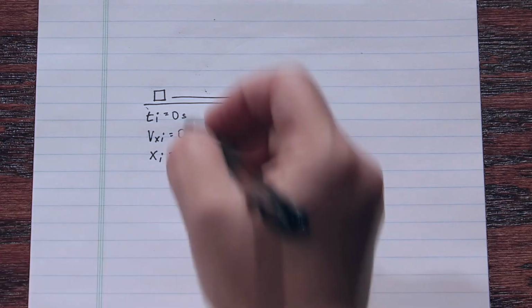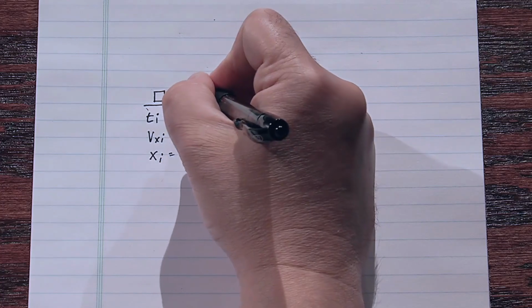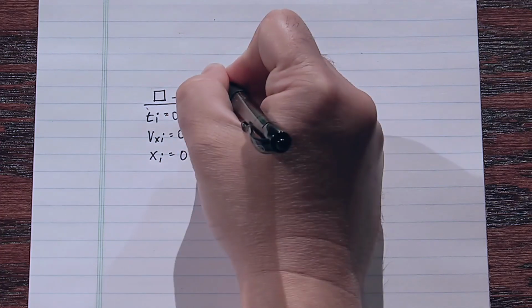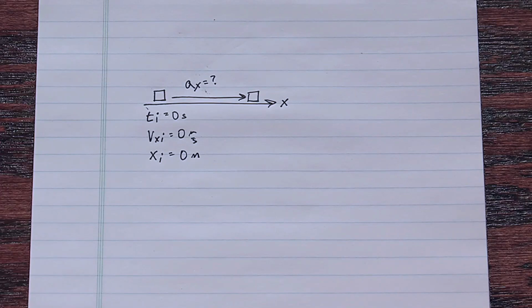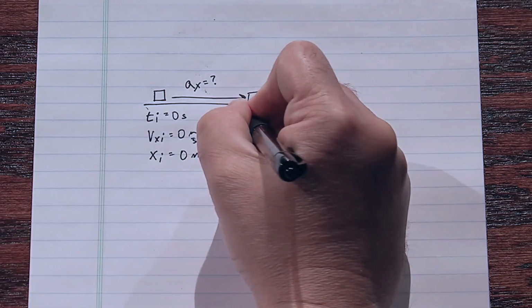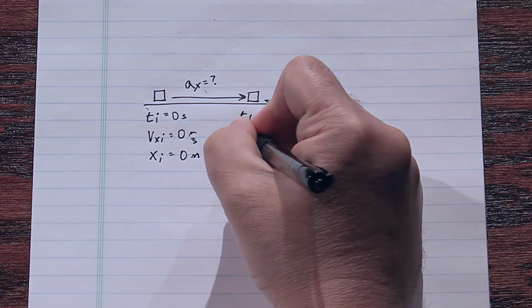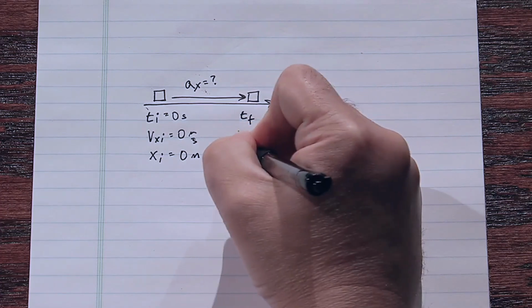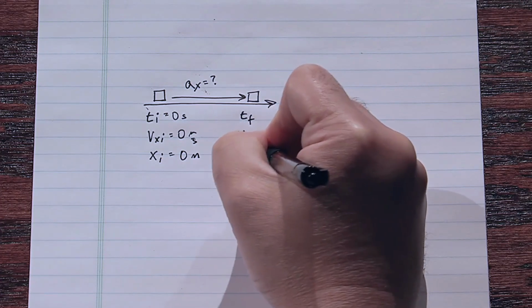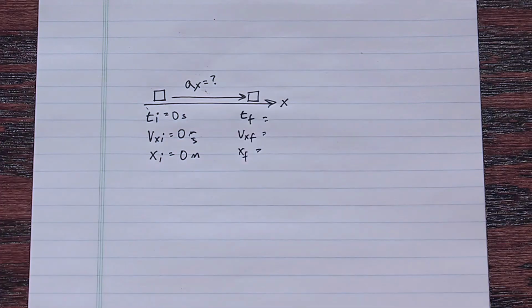But generally, we're free to choose those. The cheetah accelerates, but we don't know what his acceleration is. We're just told that he does accelerate. So ax is an unknown. And finally, t final, Vx final, and x final. The final situation is 2 seconds later.